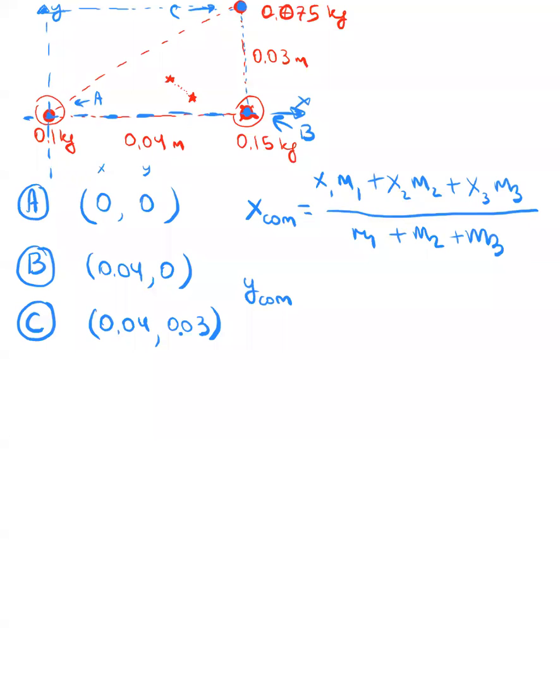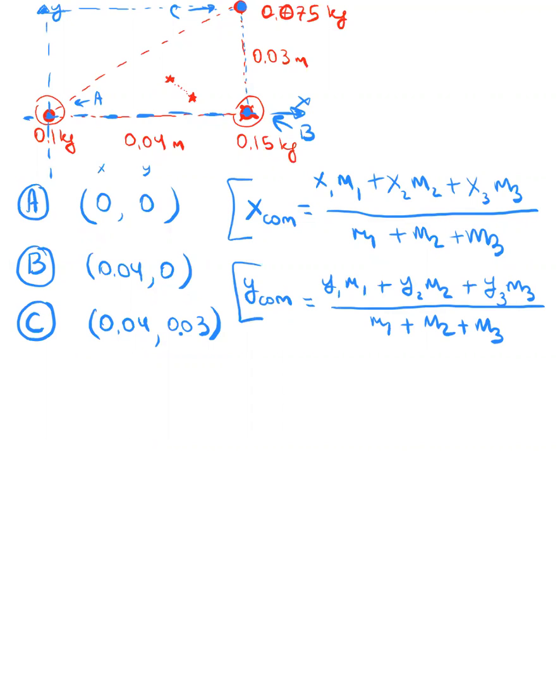For the y, I have exactly the same formula, except all the x's are replaced by y's. So let's compute some numbers. I will compute x center of mass for you, and I will leave it up to you to compute y center of mass, because it's exactly the same thing, just with different numbers.